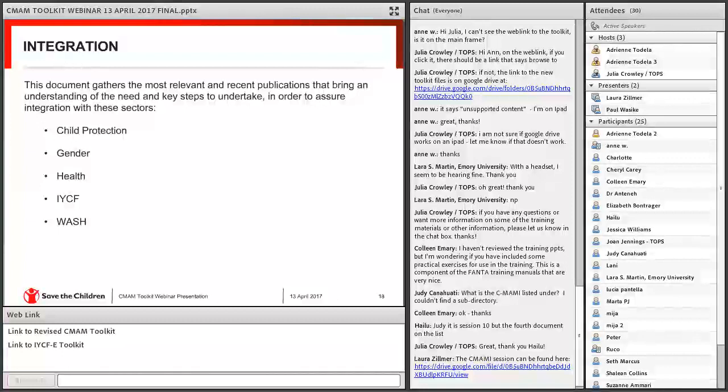Therefore, what the team decided to do was to get some available documents, some really talking about general nutrition integration with, for example, gender, and could somehow guide the integration of those particular aspects into CMAM.